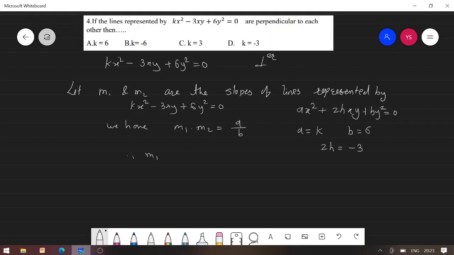Therefore, m1 into m2 equals a by b, that is k by 6. I will call it equation number 1.